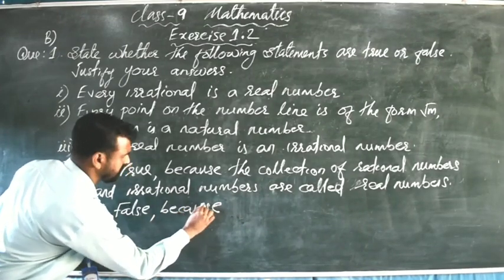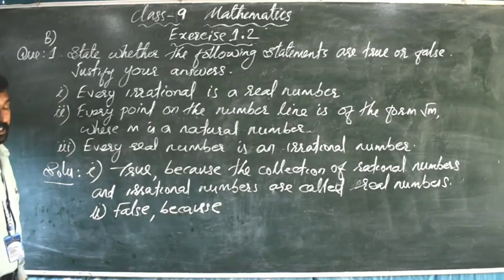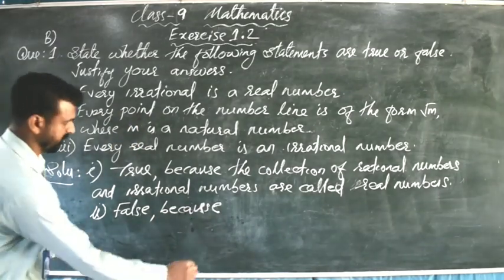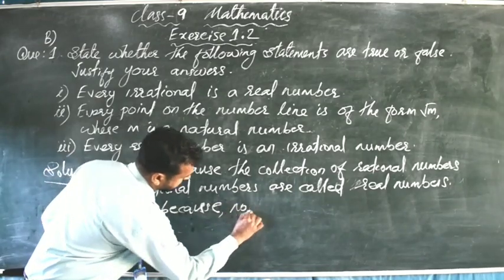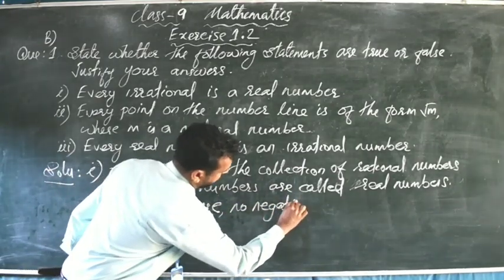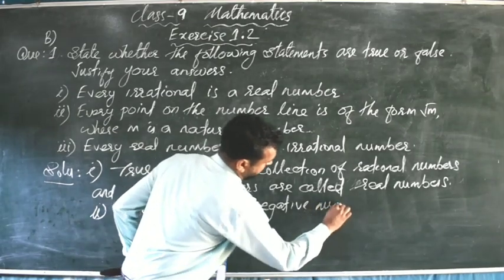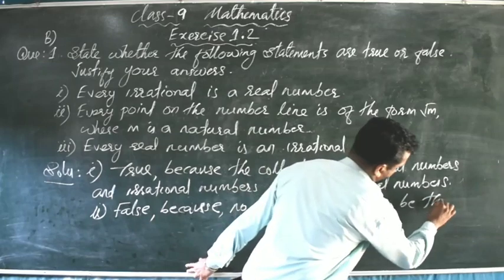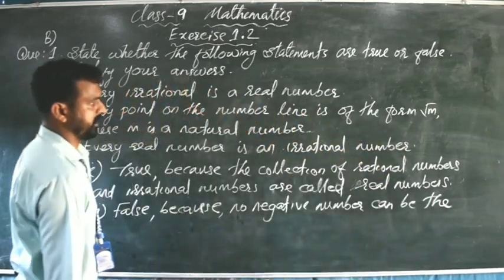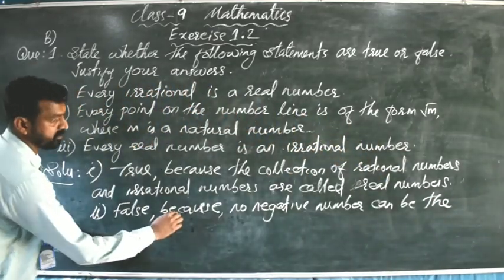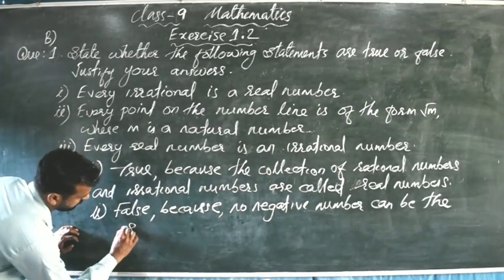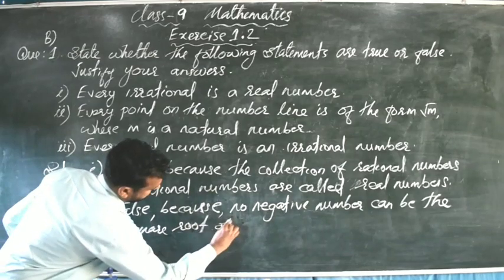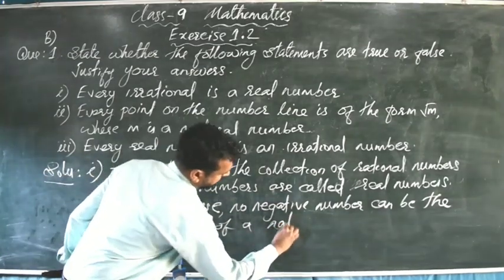Because no negative number can be the square root of a natural number.